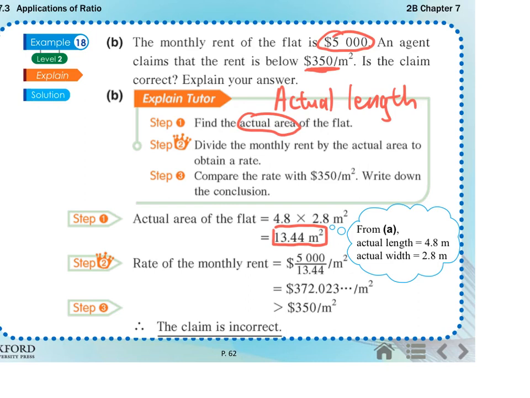And hence we can use the monthly rent to calculate the rent per square meter, which is 5,000 over 13.44 to see what's the rate per square meter. And finally, we show that the rate is $372, not $350. So we can say that the claim is incorrect.